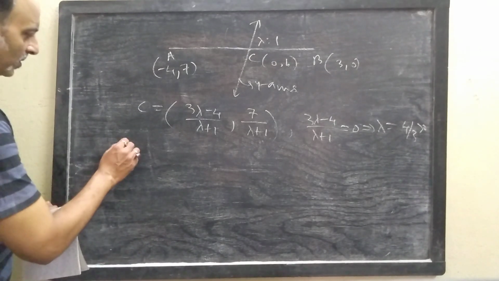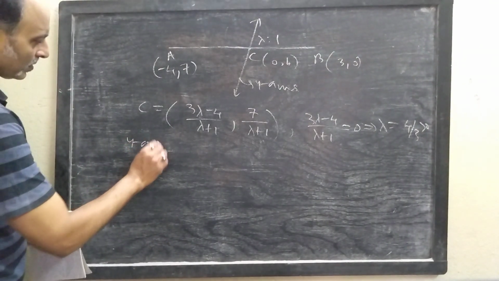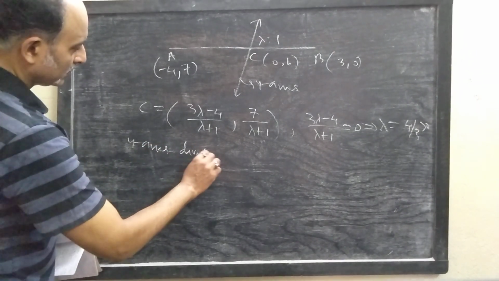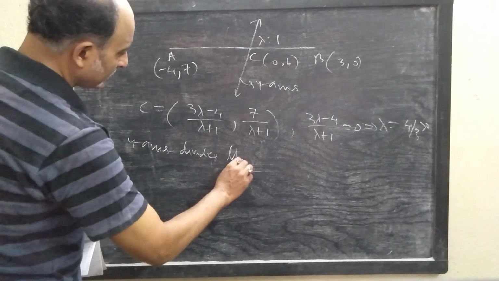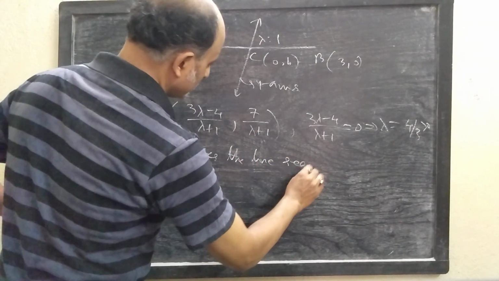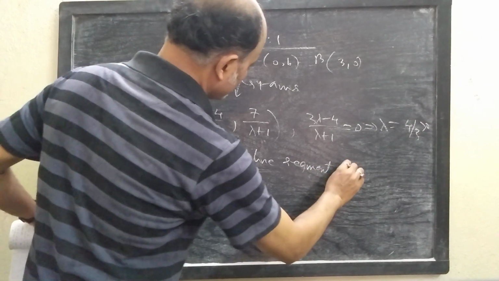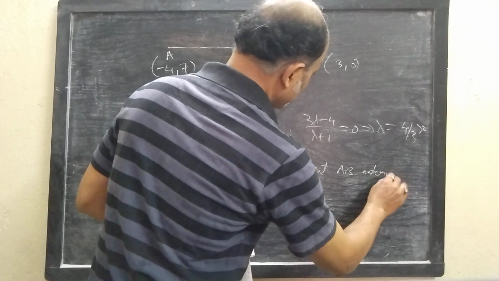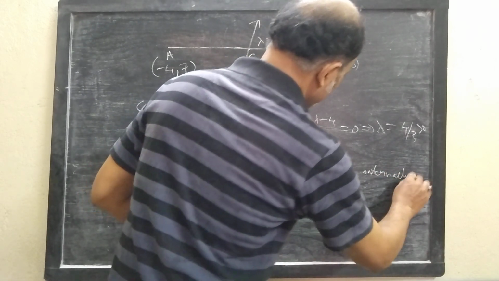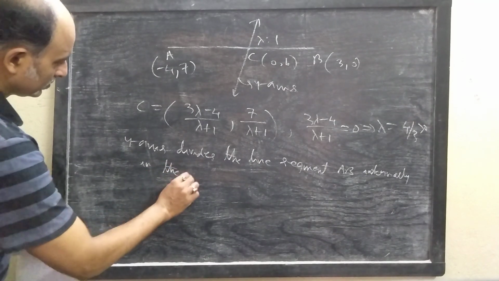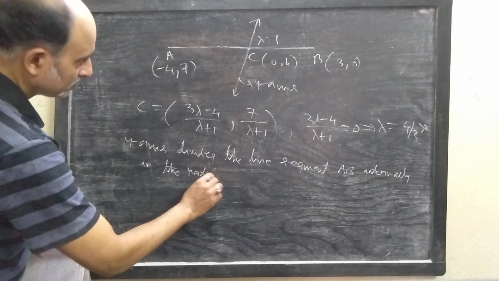So your conclusion will be that the y-axis divides the line segment AB internally in the ratio 4:3.